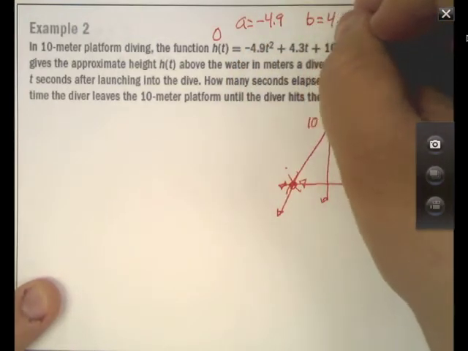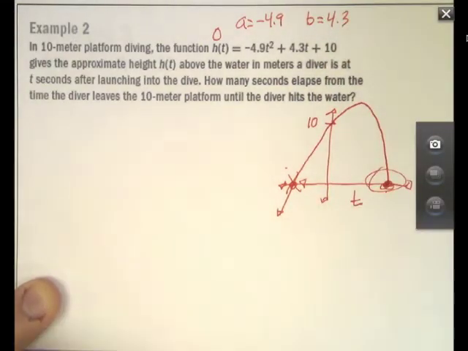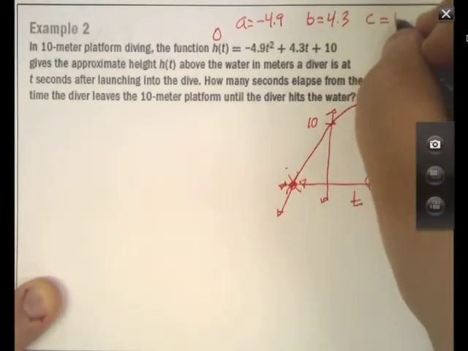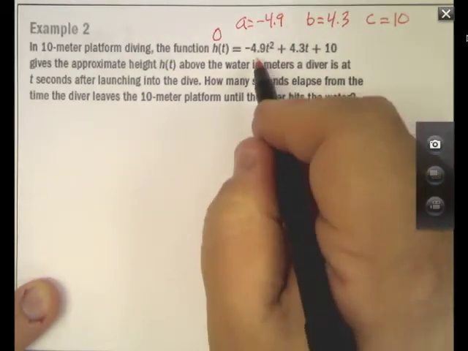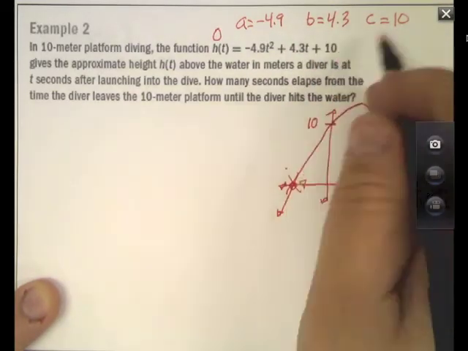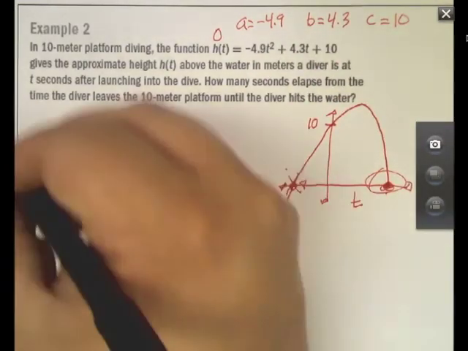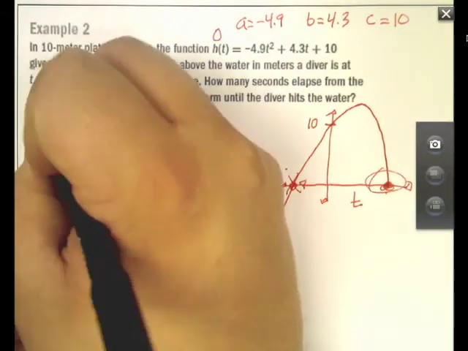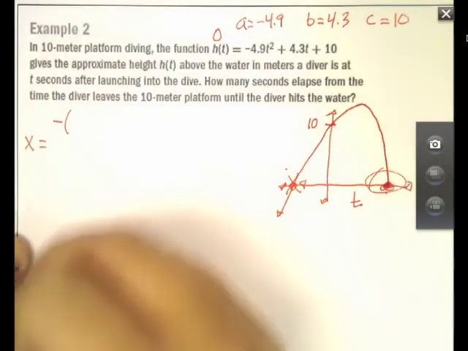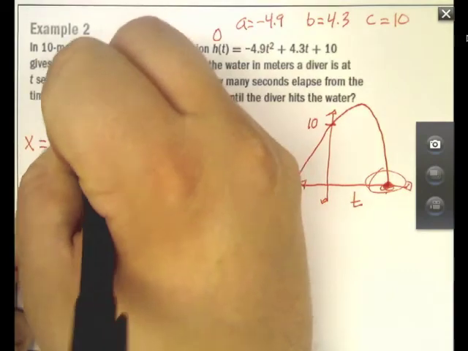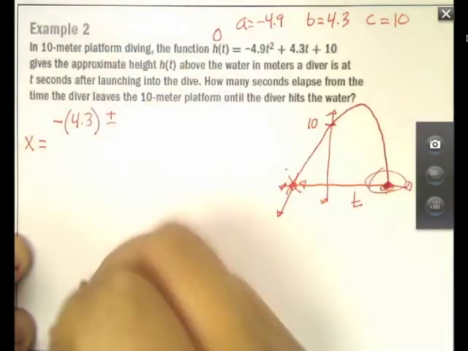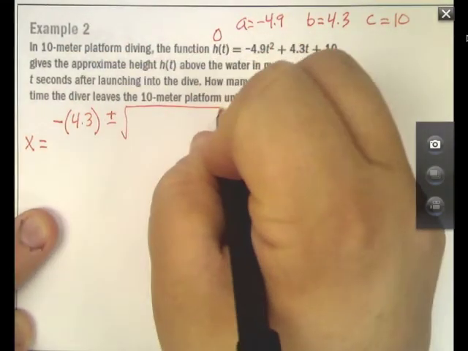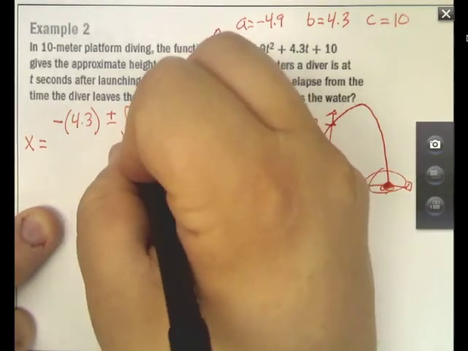So A in this case is going to be negative 4.9. B in this case is going to be 4.3. And C in this case is going to be my 10. So put it into my formula. X equals negative B. What's B? 4.3.